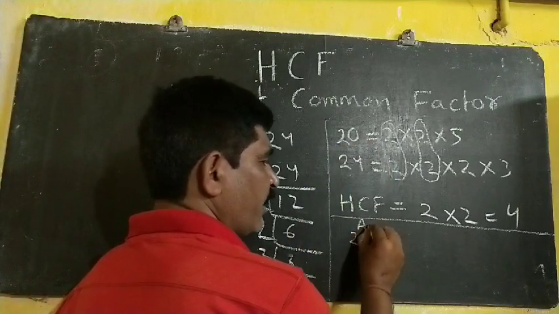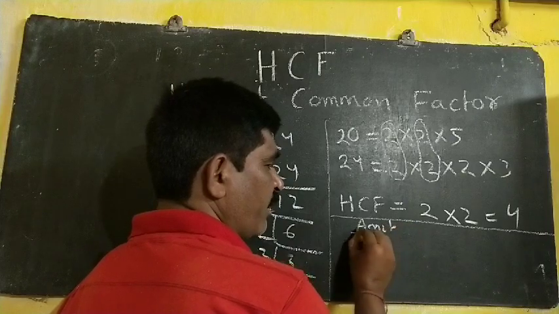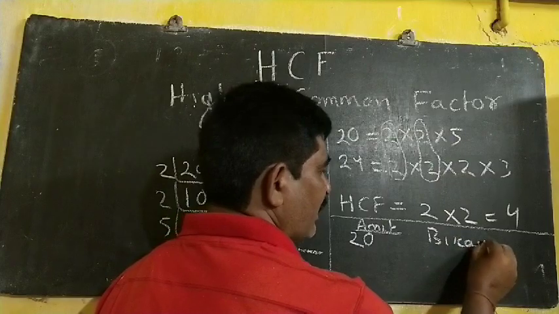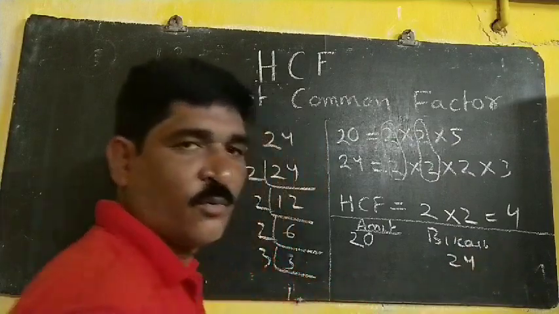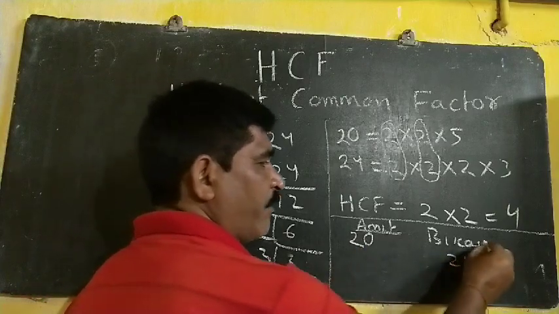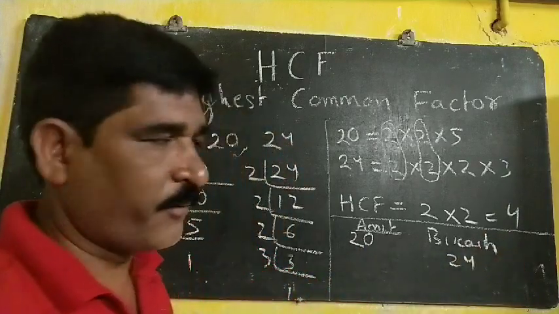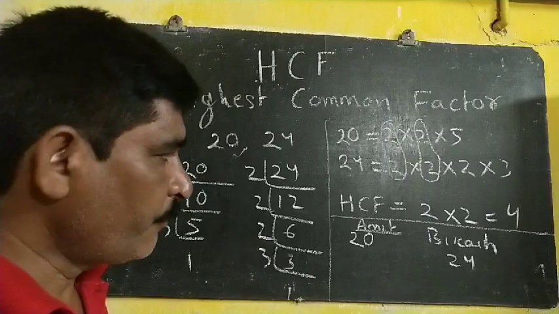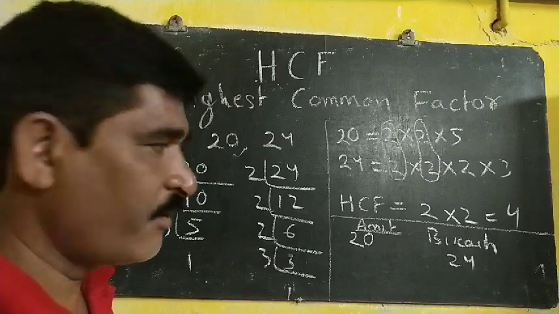Suppose Amit has 20 bananas, and Vikas has 24 bananas, and both have to feed the elephant.